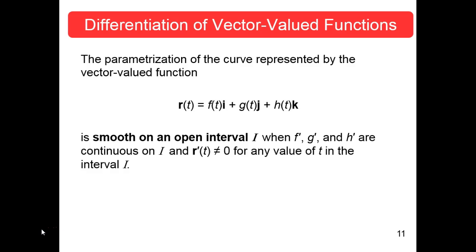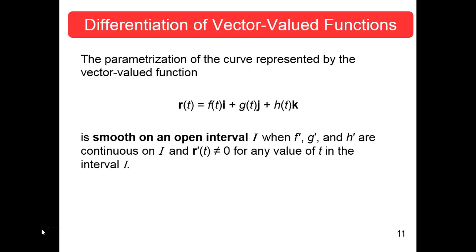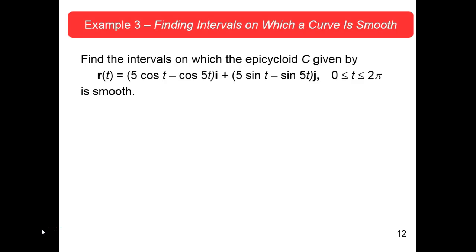Okay? That's all they do. They just tell you that. r prime of t can't be 0 on any value t in the interval. So find the intervals on which the epicycloid C, that's some curve C, given by r of t is equal to 5 cosine t minus cosine 5t i plus 5 sine t minus 5 sine 5t j.